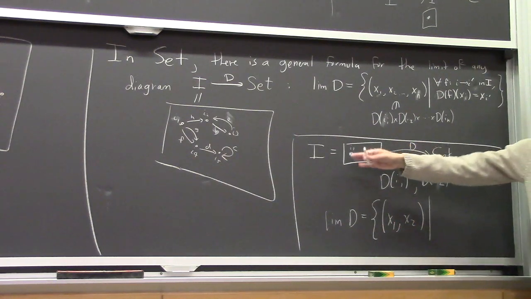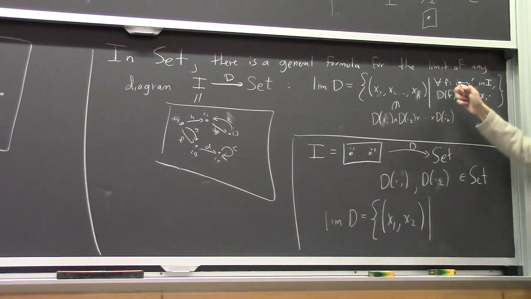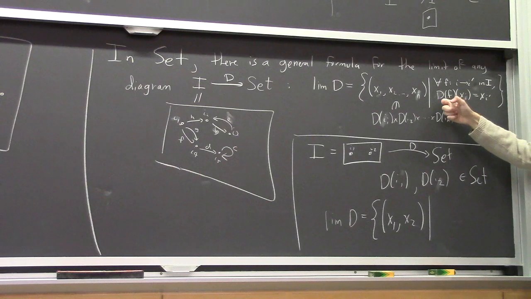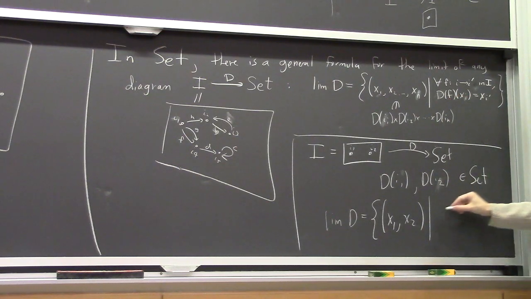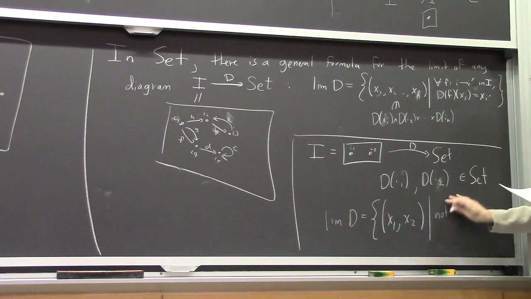But there are no morphisms in I except for the identities. This condition will vacuously hold, because D of the identity will be the identity map. So this is no condition.